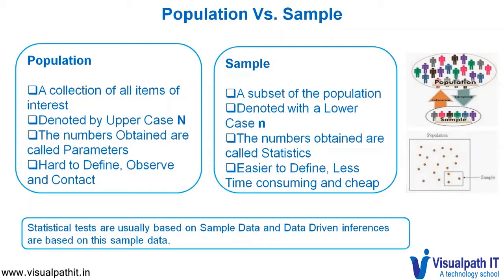So, in statistics, we often deal only with the sample. And when it comes to artificial intelligence, we try to apply this sample to a population.